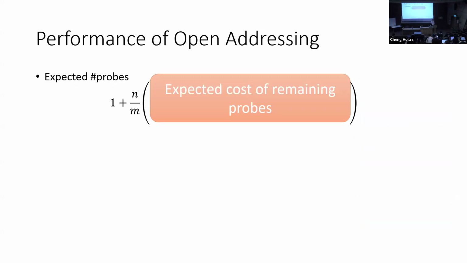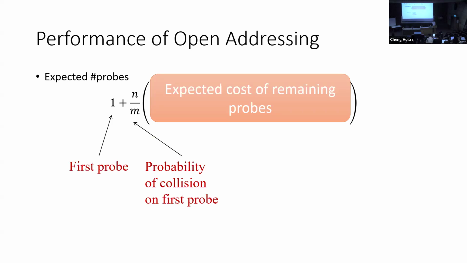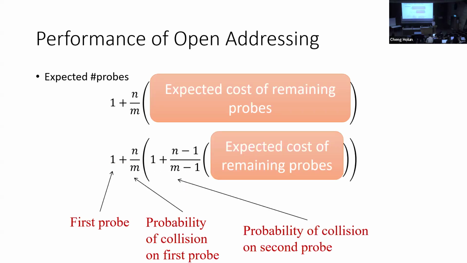The number of probes is the first probe plus the chance of the next probe. The next probe happens with probability n over m, when there's a collision, and then there's the expected number of probes afterwards, which is n minus 1 over m minus 1, and so on.